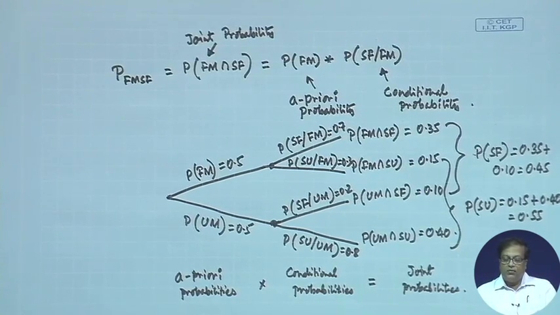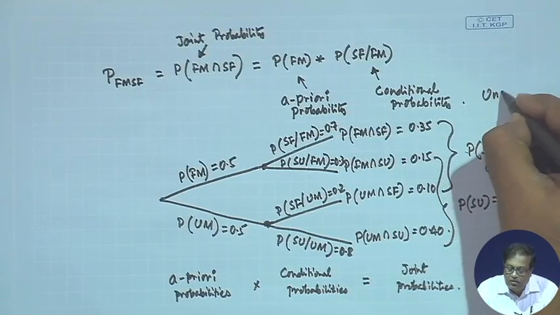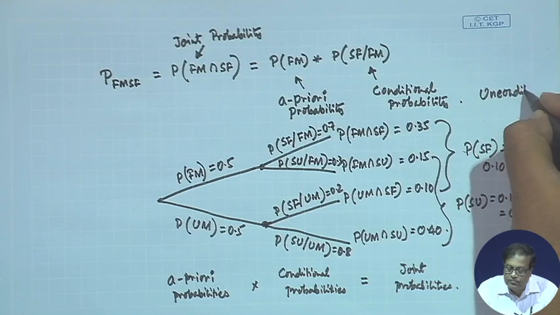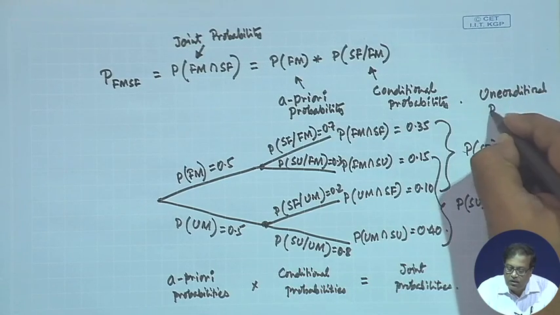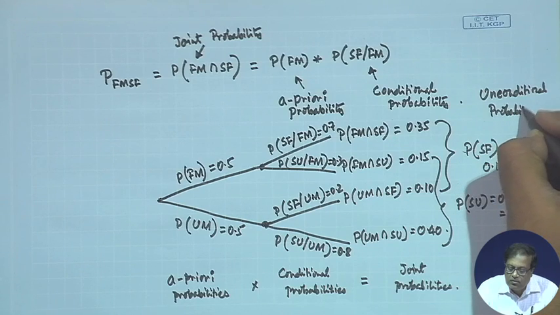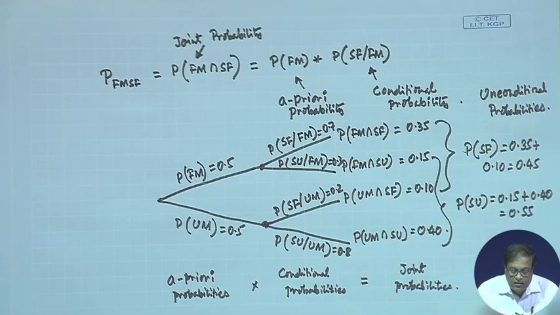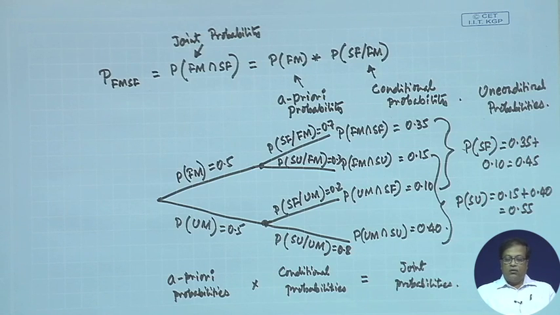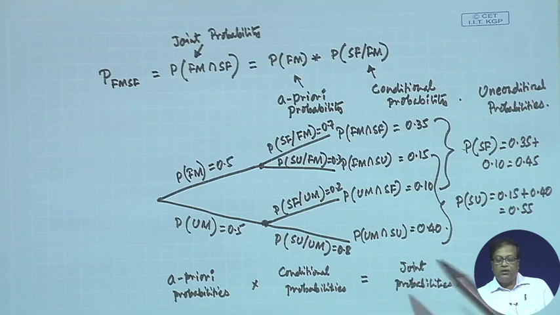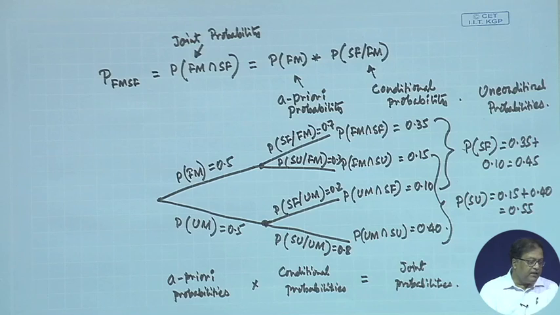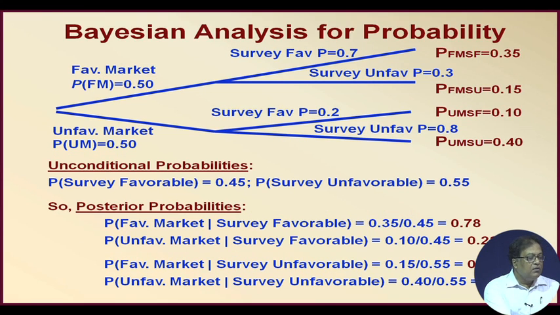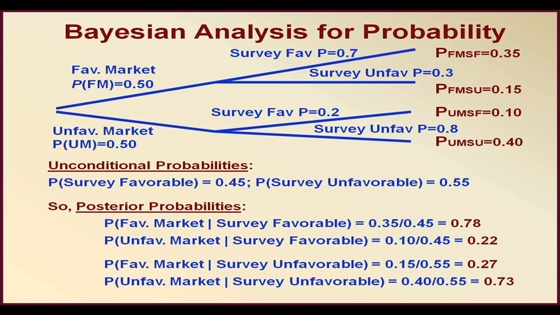Okay. And these probabilities are called unconditional probabilities. Sometimes they are also called total probabilities. So, by multiplying a priori probabilities and conditional probabilities, we have got the joint probabilities, and adding corresponding joint probabilities, we get the unconditional probabilities. So, look at the slide, we have put those figures, the unconditional probabilities 0.45 and 0.55.